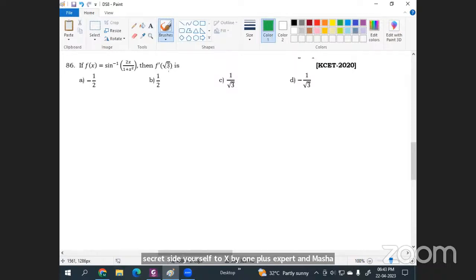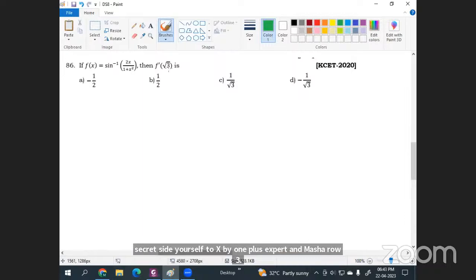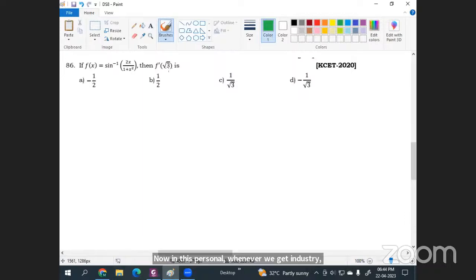Now in this question, whenever we get an inverse trigonometric function, don't differentiate directly. What we need to do is, first search for a formula, search for any further simplification, search for any substitution that can be done.